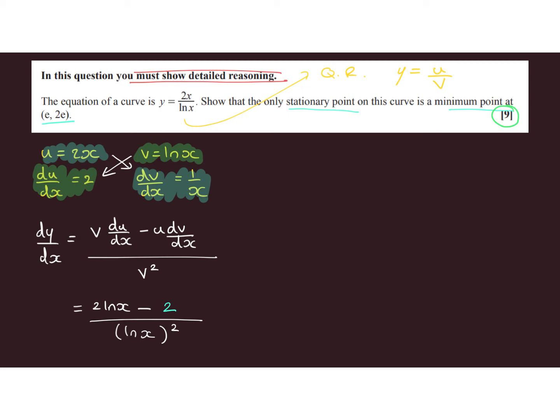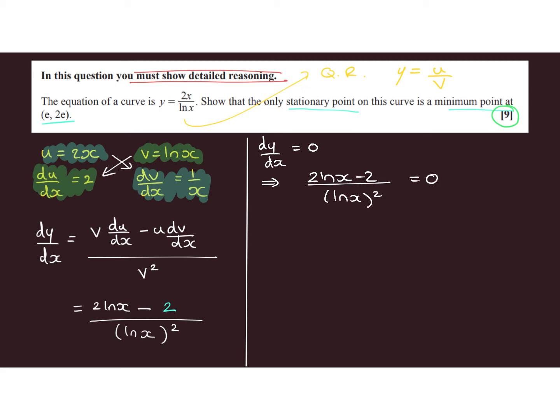Now, we then need to identify stationary points, so I'm going to do that in the next part of my working by setting dy by dx equal to 0. So if dy by dx is equal to 0, this then tells me that (2 ln x minus 2) over (ln of x all squared) equals 0.